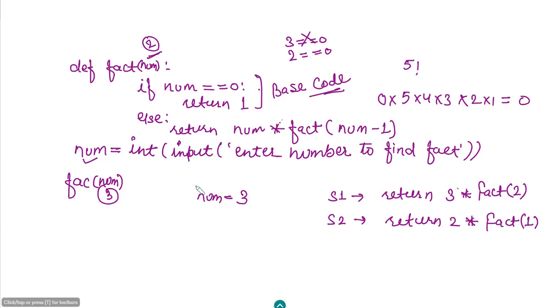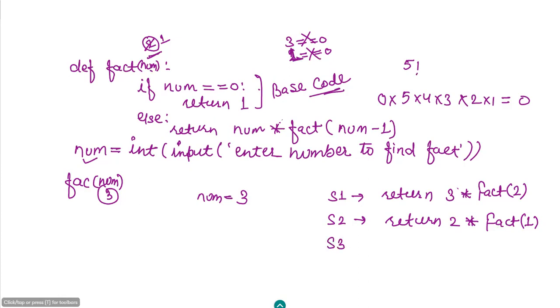So here you will send 1 as the argument, and the value 1 will be received by this parameter. Now it will check once again: 1 is equal to 0 is still incorrect. At that time, the else block will be executed.